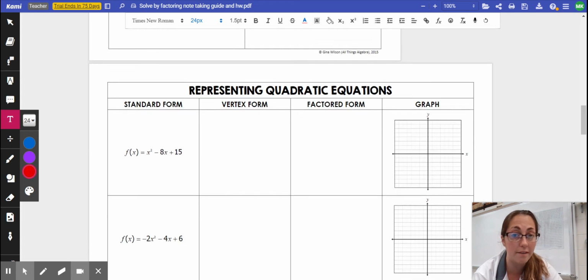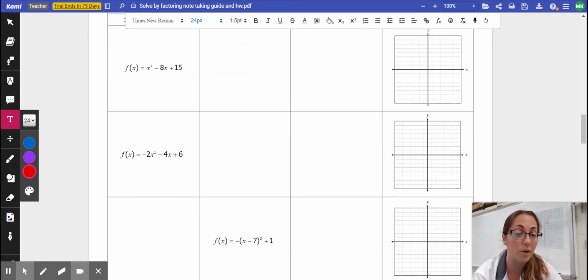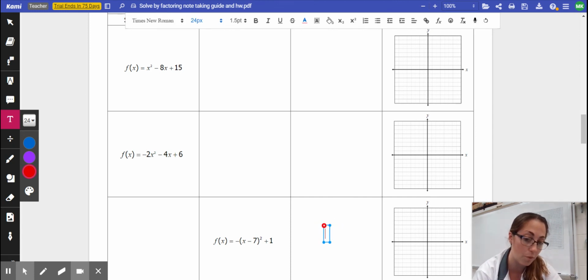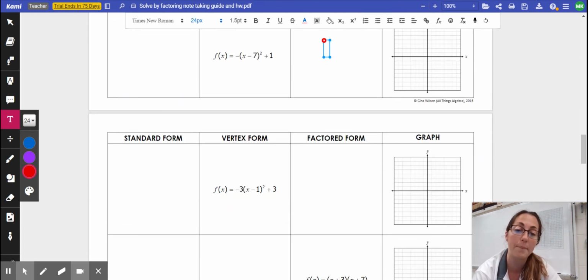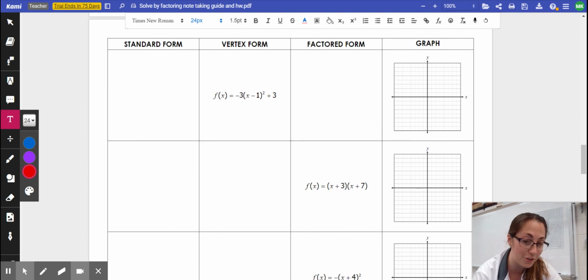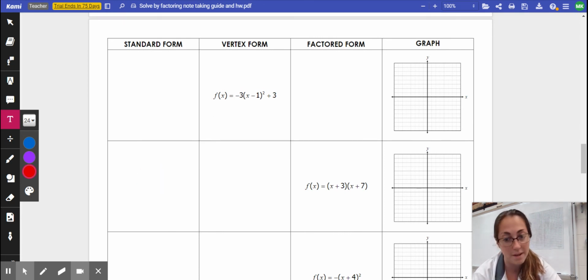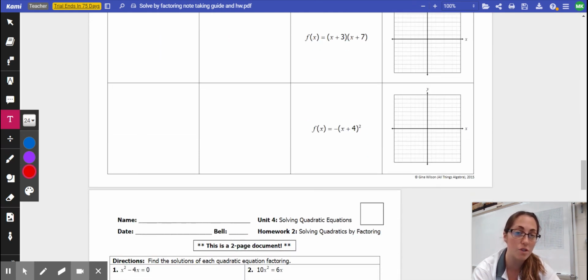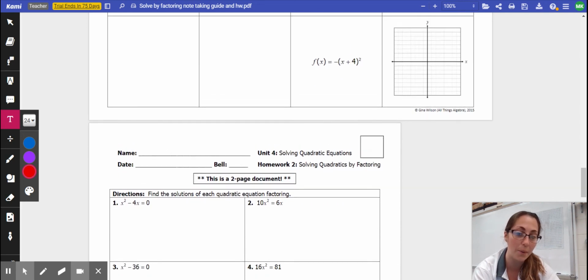Sometimes you're going to get it in vertex form. So you're going to have to put that back to standard form before you can put it in factored form. You might be able to graph quickly though. And then sometimes you're going to get it in factored form. You're going to have to multiply that out to get standard form and then use our trick to convert to vertex form. There's another way we can turn it into vertex form as well, but I think that I'll show you that in class, okay?